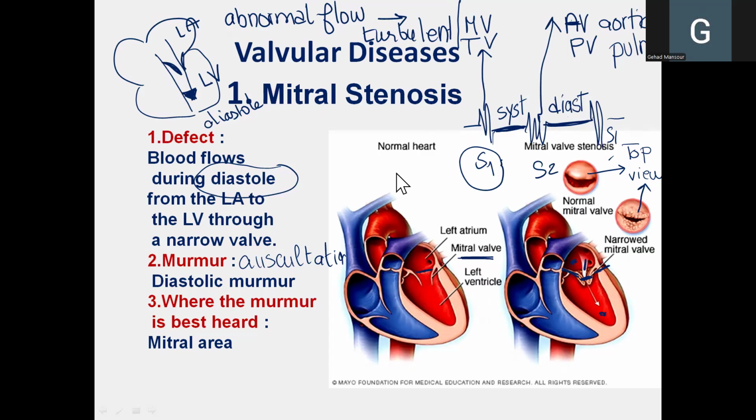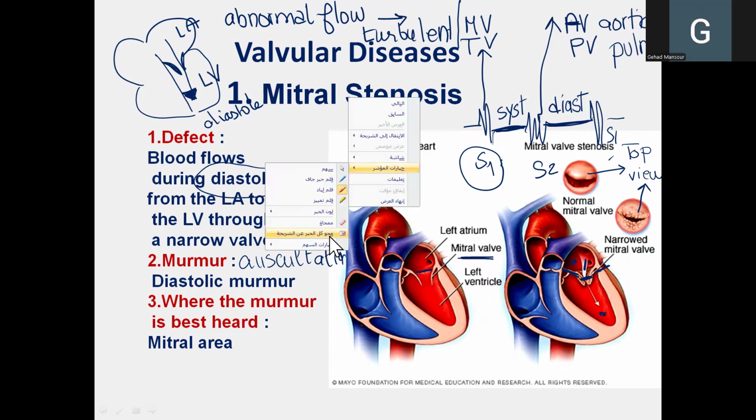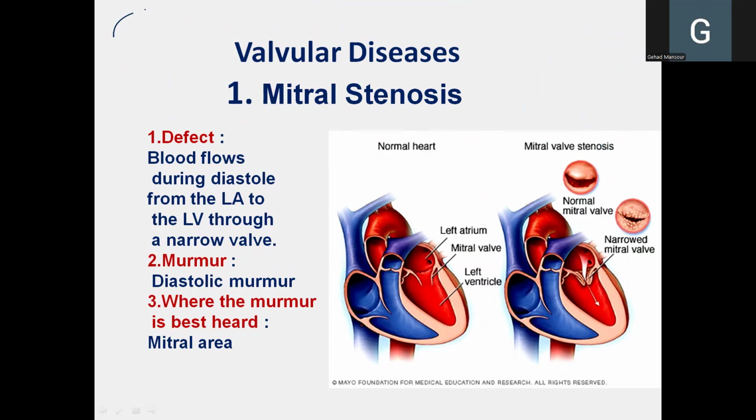So how do we call the normal flow? When the left atrium, the left ventricle and the valve in between, especially the mitral valve, are normal in dimensions, there is what we call laminar flow. What is laminar flow? Laminar flow is a very organized flow where the layers of liquid are parallel to each other with no interference between the layers.